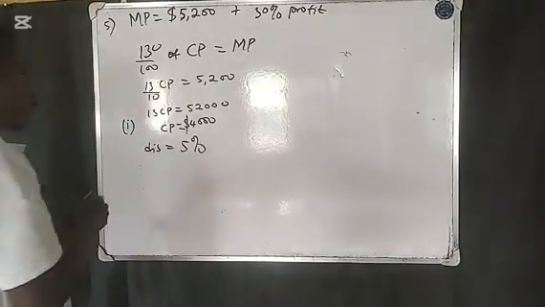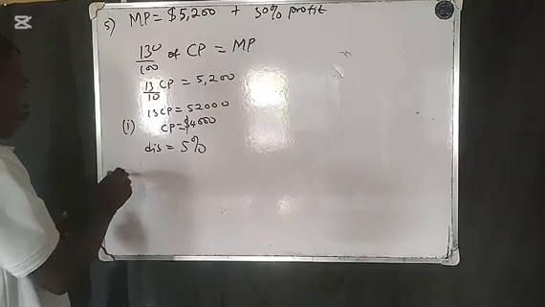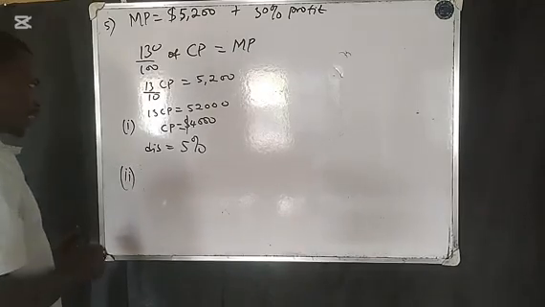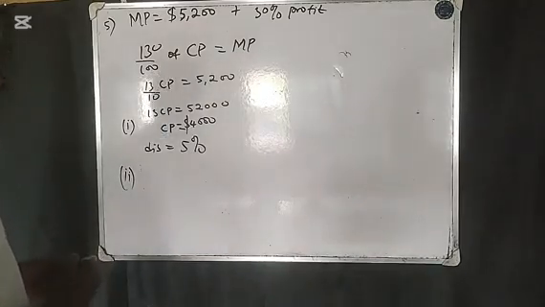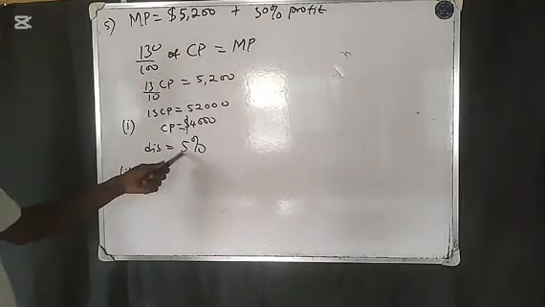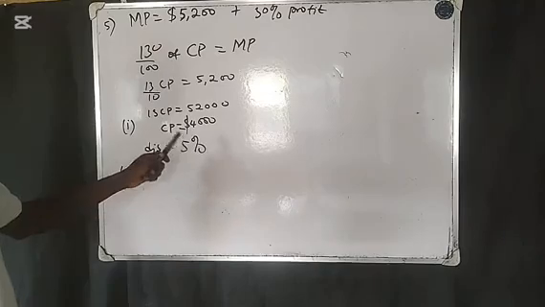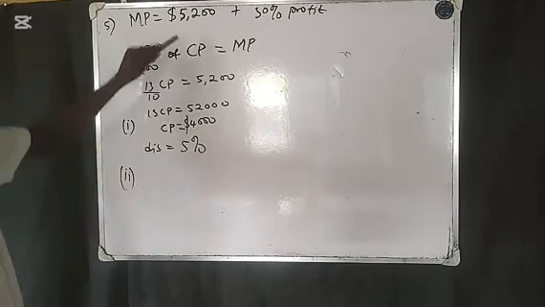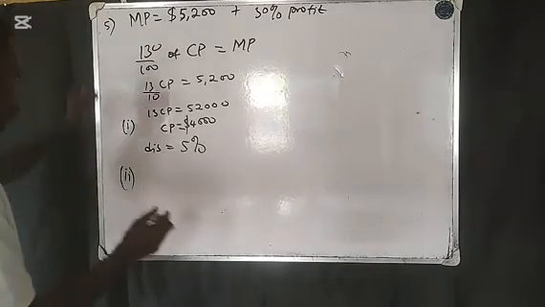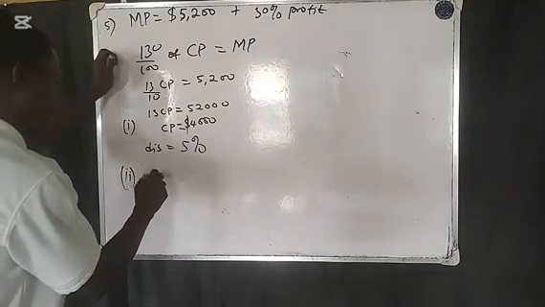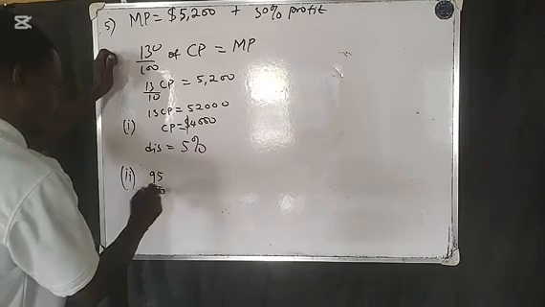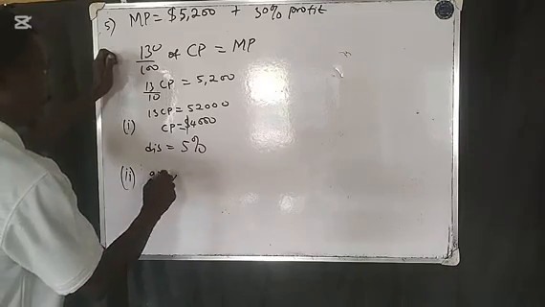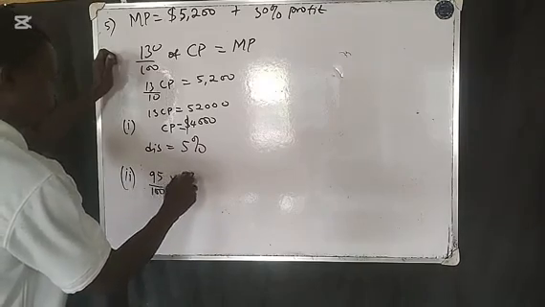Let's find out how much the guy paid. Remember, it was offered a 5% discount. So 95% times this amount. We write 95 over 100 times 5,200.